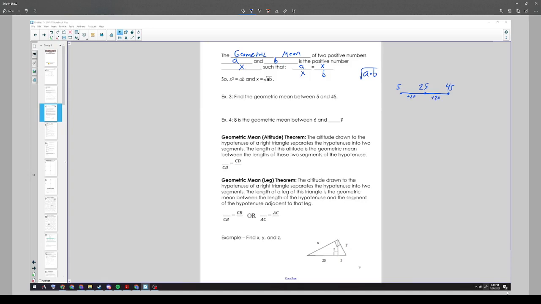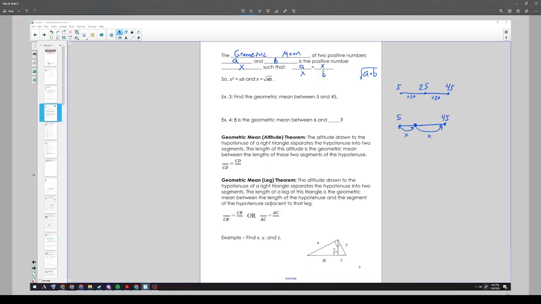So we can think of this like a little 3-term arithmetic sequence. Now our goal here is starting from 5, going to 45, we want to find this point such that we multiply by the same number to go from 5 to there, and from there to 45.